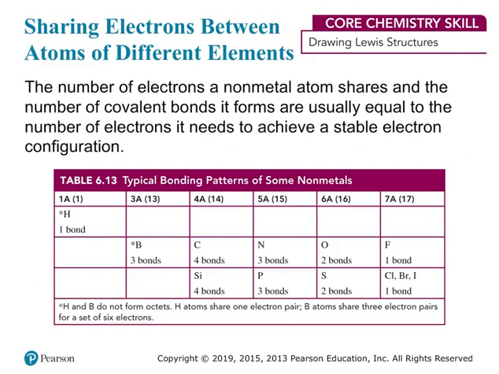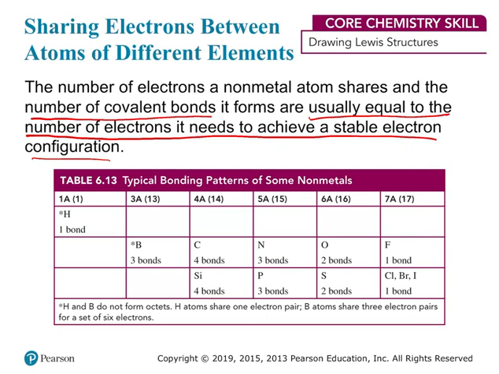Okay. So anyway, back to Lewis structures. The number of electrons that a nonmetal atom shares and the number of covalent bonds that it forms is usually equal to the number of electrons it needs to achieve a stable electron configuration.